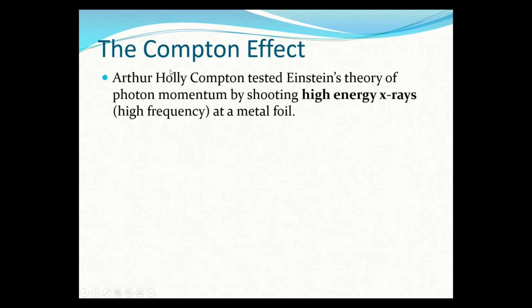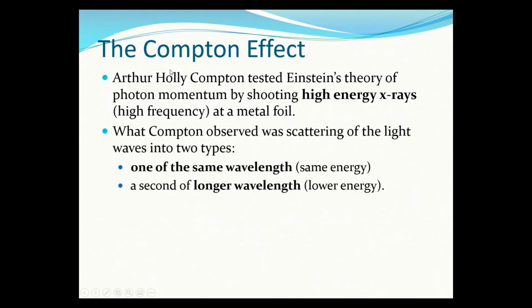The person who tested that was Arthur Holly Compton, and he tested the theory of photon momentum. He wanted to shoot high energy X-rays, so high energy means high frequency, at metal foil. Shoot light at matter and see what happens. What Compton observed was scattering of light waves into two types, one of the same wavelength and one of a longer wavelength.